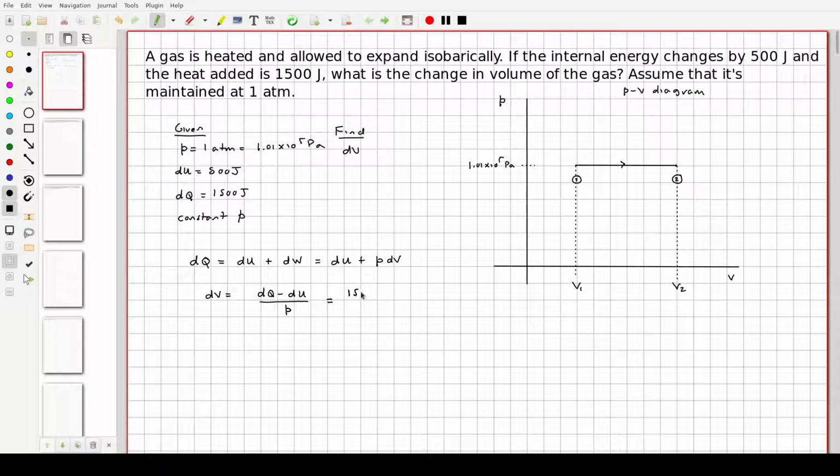dQ is 1500 joules. dU is 500 joules. And P is 1.01 times 10 to the 5th pascals. If you do this, it's 1,000 divided by 1.01 times 10 to the 5th.